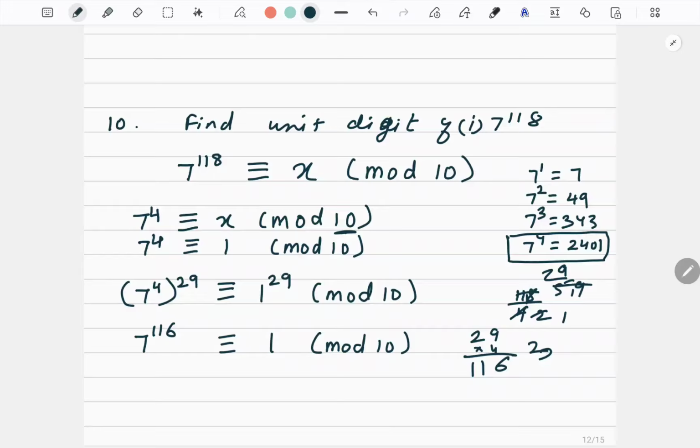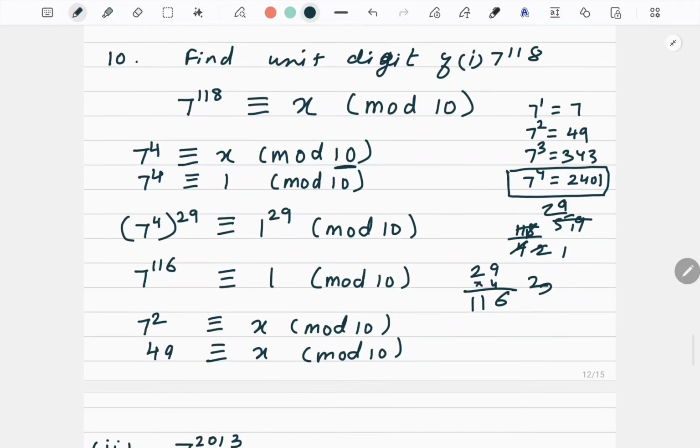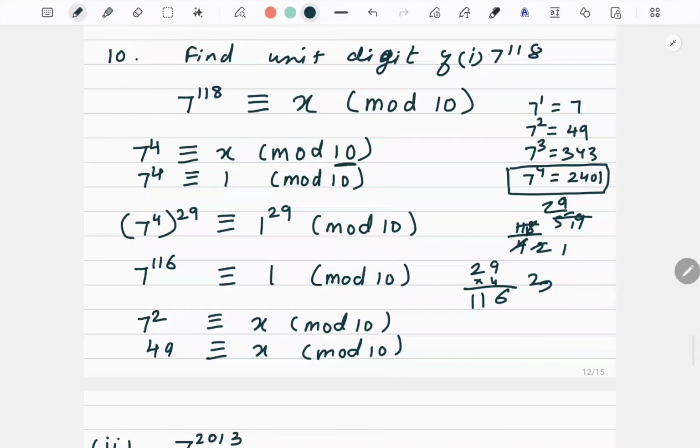So 7 square is left, 2 I have left. So I will solve this now. 7 square congruent x mod 10. What is 7 square? 49 congruent x mod 10. What should I have here? 9, because when I divide 49 by 10, the remainder is 9. So 49 is congruent to 9 mod 10.